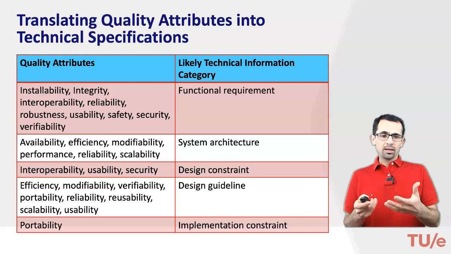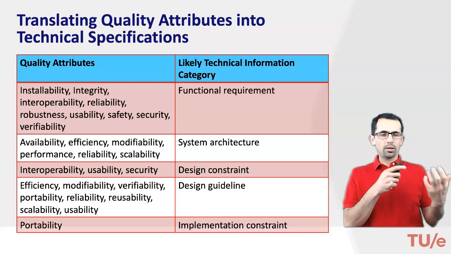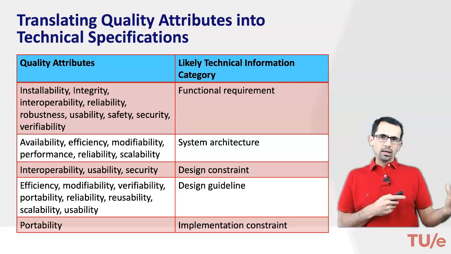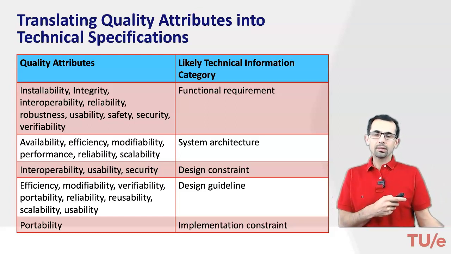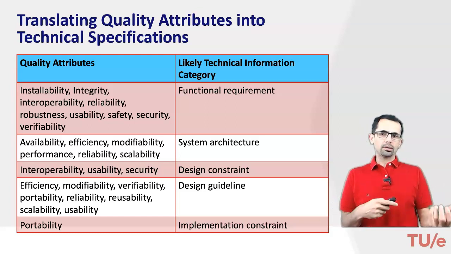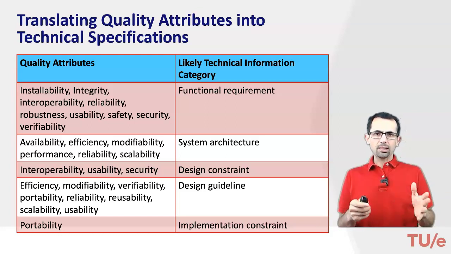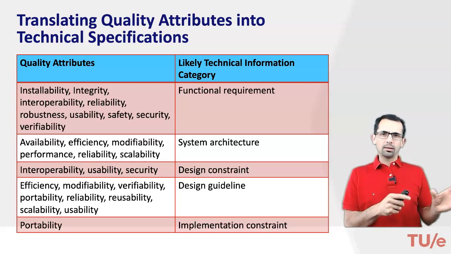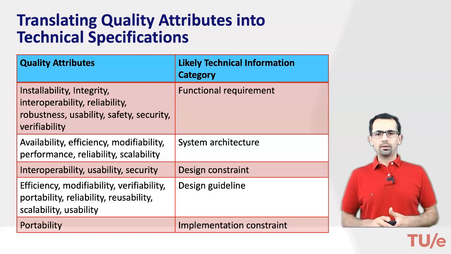If you say that this system should be easily portable to an Android system, for instance, or an application that runs on Android should be easily ported to an iOS device, you're talking about implementation constraints, because you're very specific about concrete implementation rules that you specify to constrain the designer.